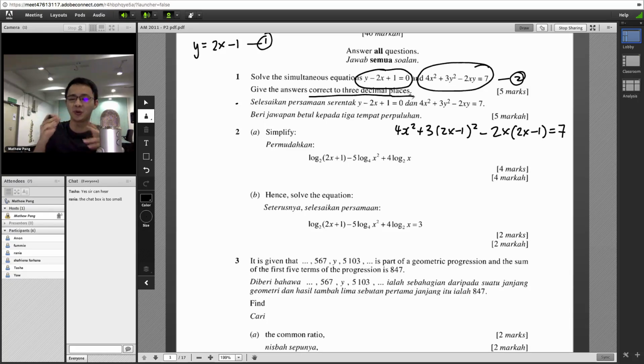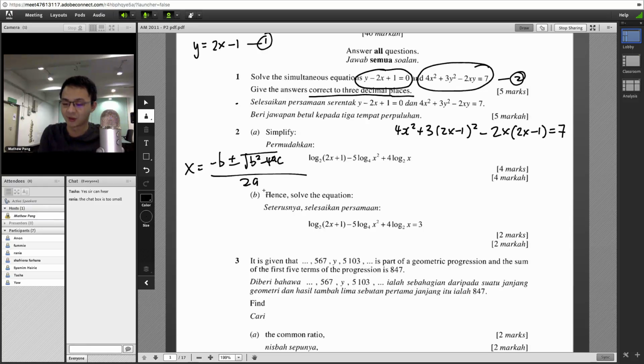That means you will need to use this formula: x equals negative b plus or minus the square root of b squared minus 4ac, divided by 2a. Whenever you do simultaneous equations and then you factorize but couldn't get whole numbers as your final answer, you basically will need to use this quadratic formula.